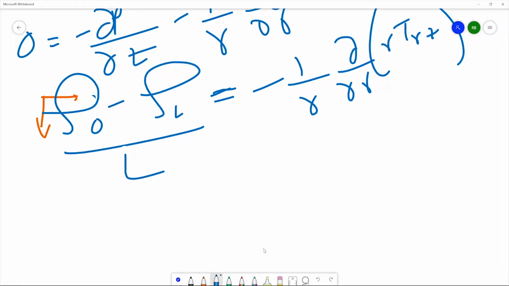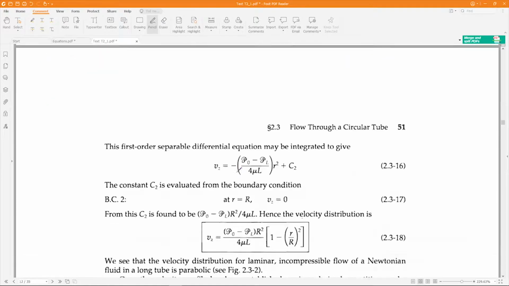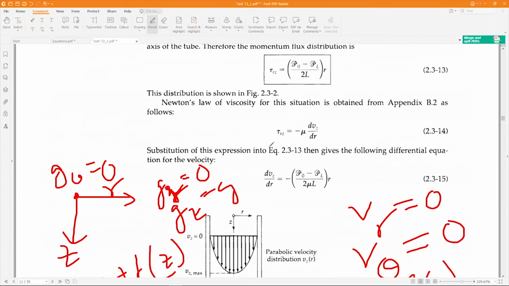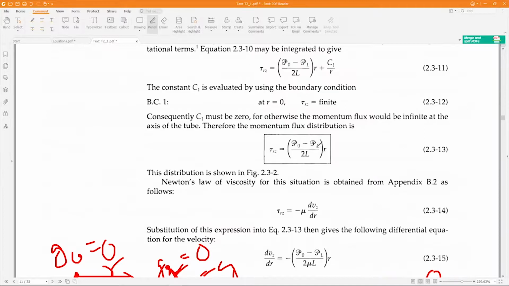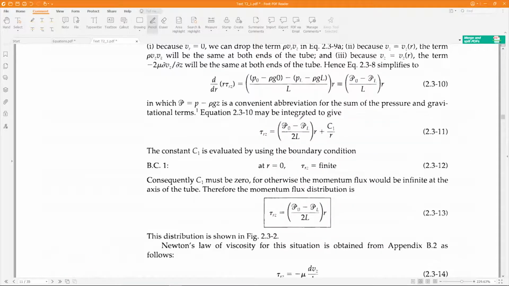If you integrate this equation, you'll get the same as earlier. So you have got this one. If you rearrange that equation, you'll get this, right? Again, just integrate and divide by r on both sides.